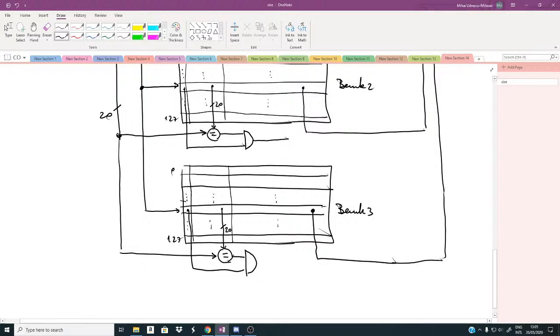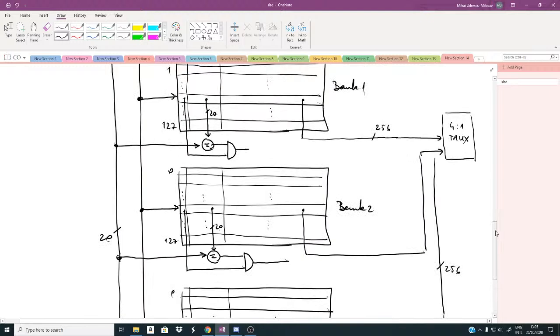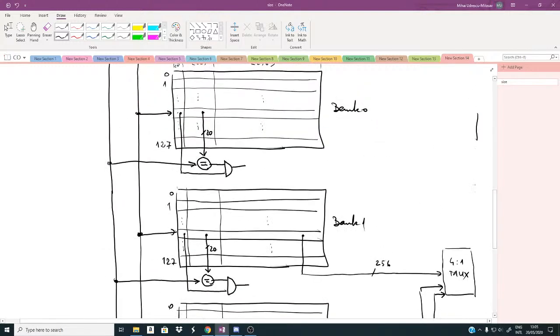Right? 256 bits. And this goes over here, again 256 bits.